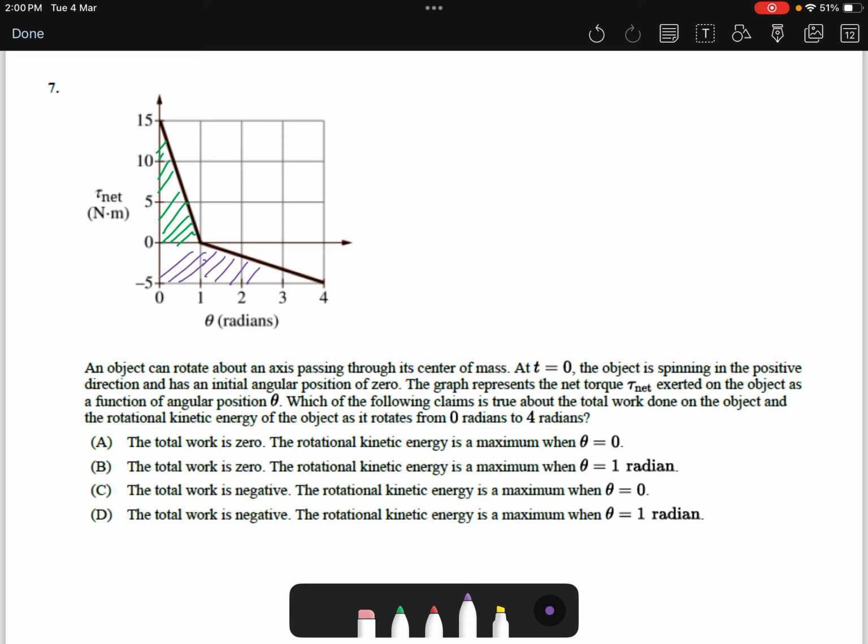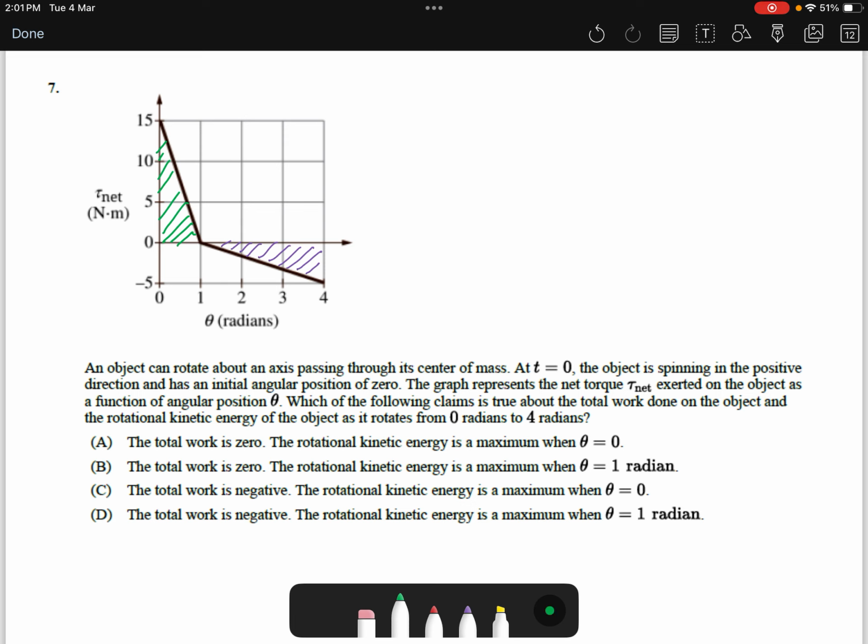Actually, this is a common mistake. Always keep in mind that the area under the graph is between the graph and the x-axis. We need to be careful that this is the work under this graph. So under, not exactly below, it's between the graph and the x-axis.